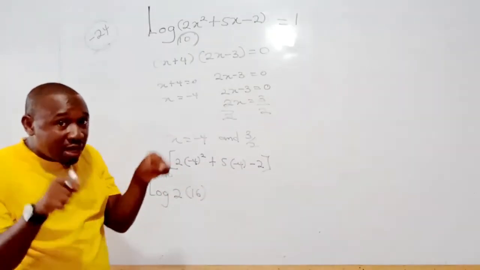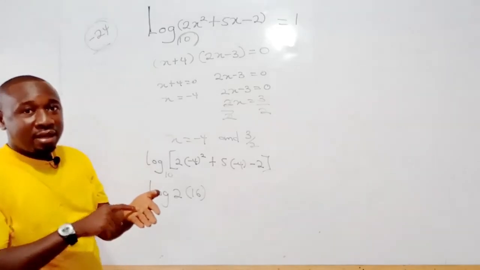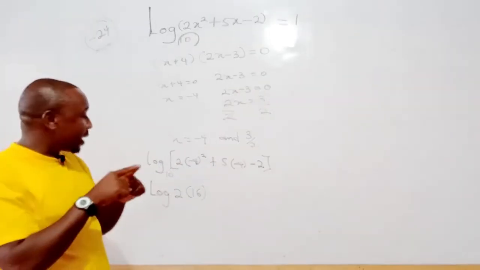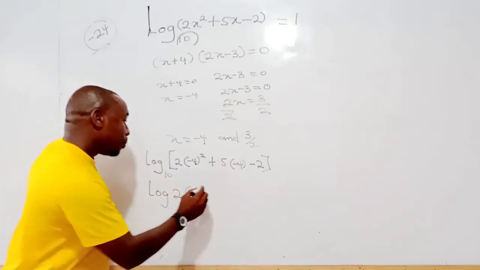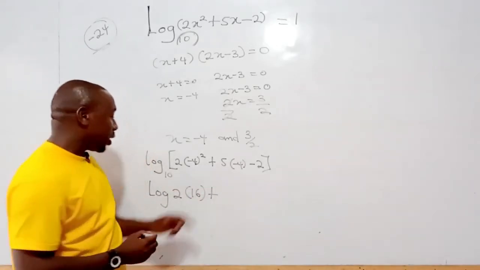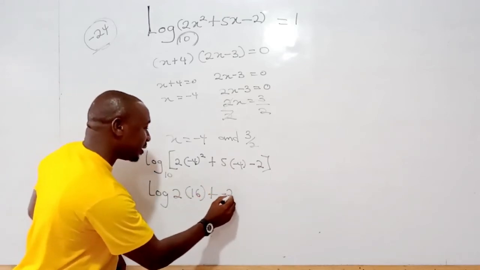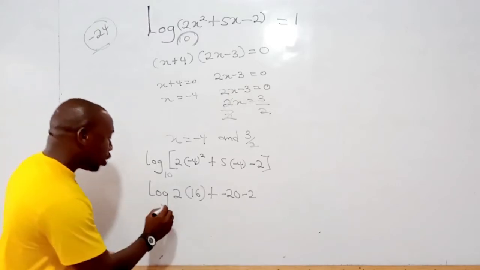The negative must be in a bracket. If you just enter negative 4 squared, it will give you negative 16, and that will make your answer wrong. Negative 4 must be in a bracket squared, and that will give us positive 16 here. Plus 5 times negative 4 will be negative 20, minus 2, all to the base 10.